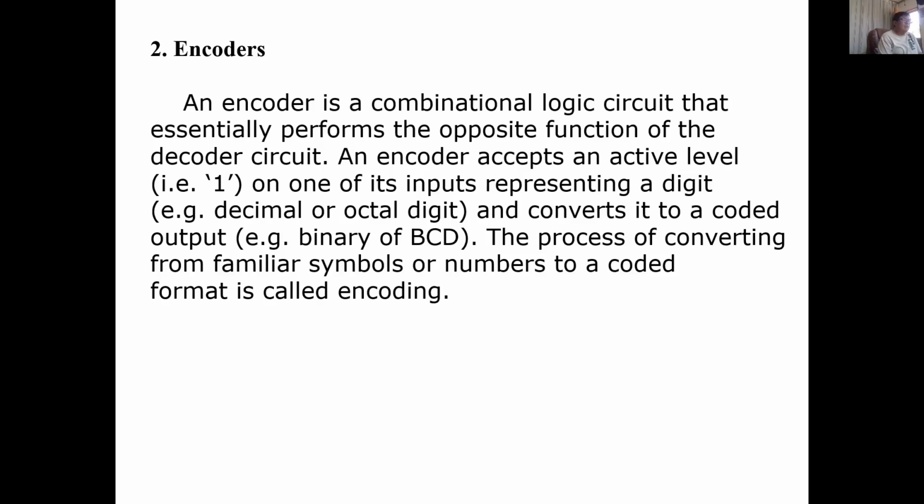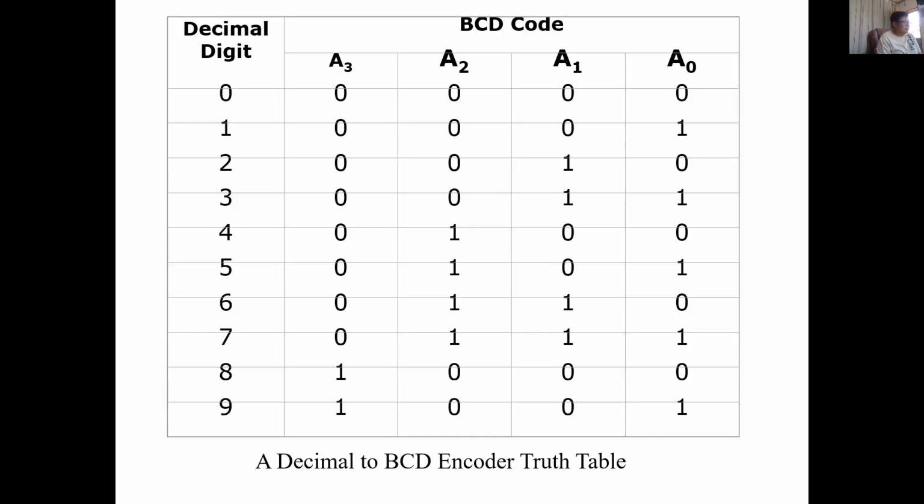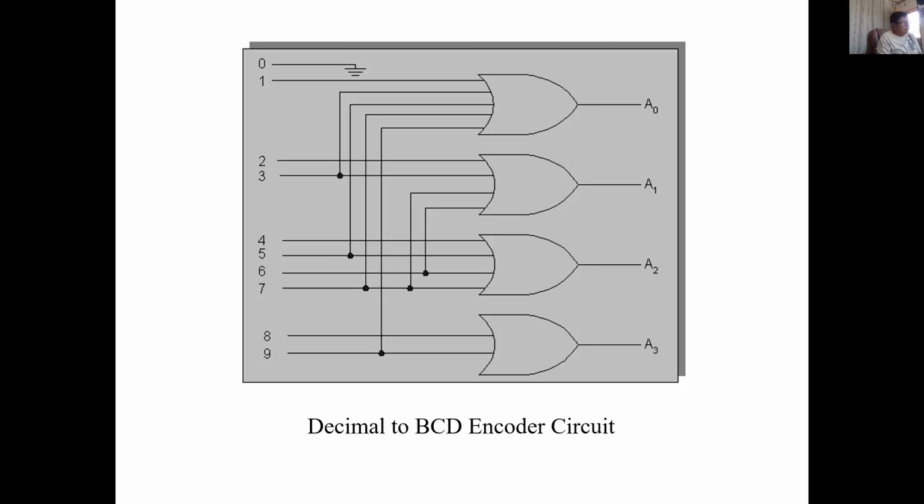So from input, they have to be converted from decimal to binary, and into output, they have to be converted from binary to decimal or 7-segment display. An encoder circuit usually uses an OR gate. In this case, we have a 4-bit encoder which translates the digital numbers 0 to 9 to A0, A1, A2, and A3.